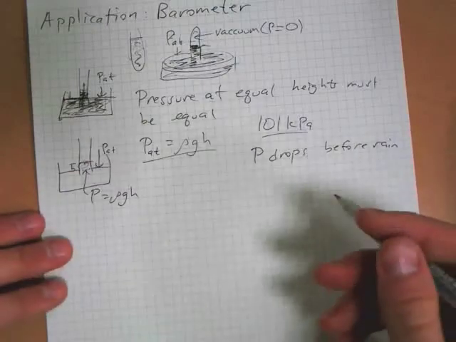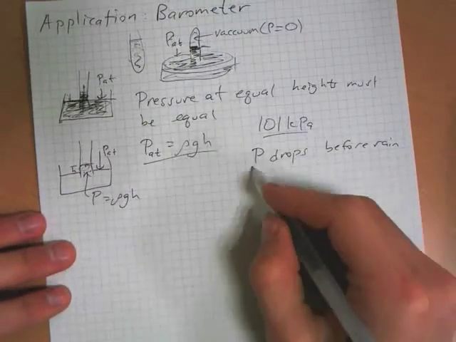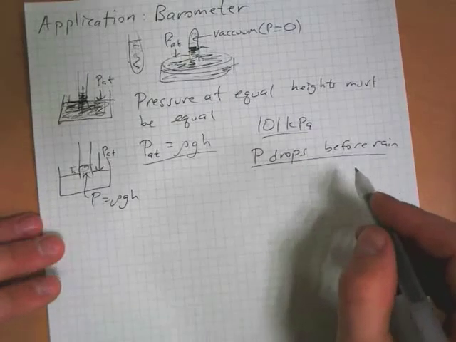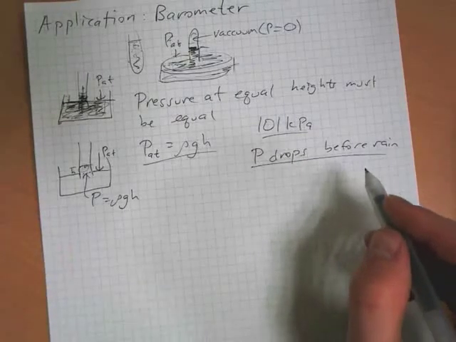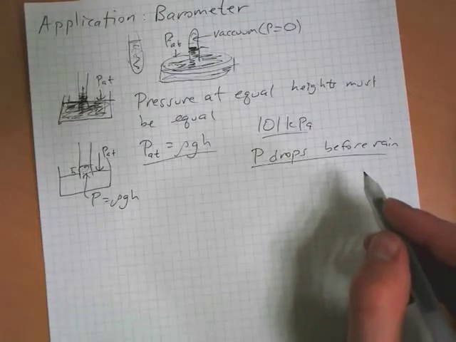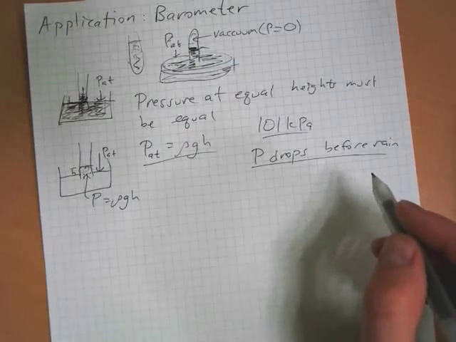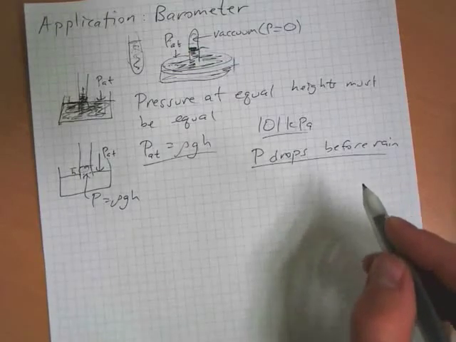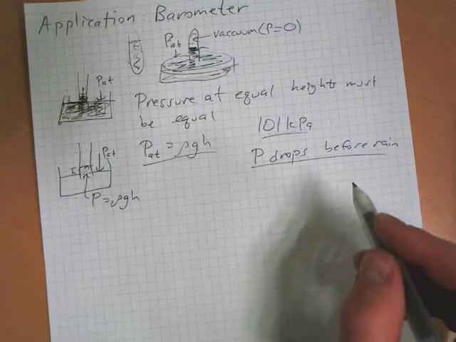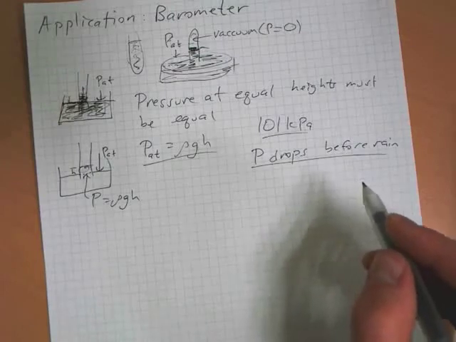Actually, some people are very sensitive to this pressure change. Whenever it rains, I usually get a headache because then the internal pressure in your body, like the pressure going outward from inside your body, is different than the atmospheric pressure, and that creates a net force either inward or outward, depending on if the pressure changes suddenly outside.